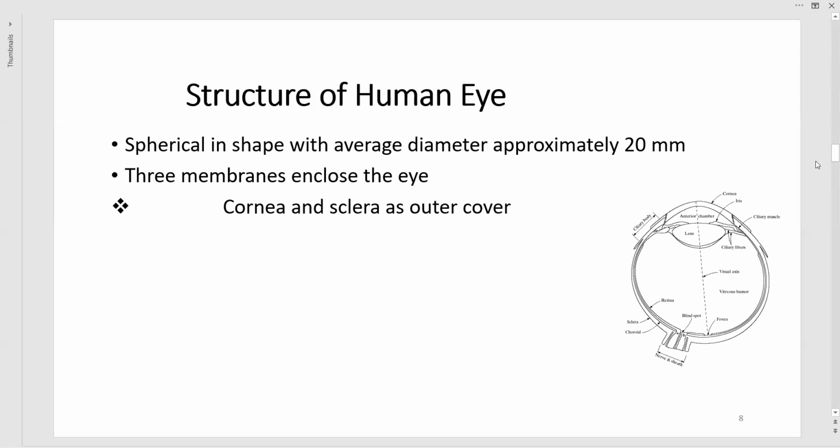Here, the cornea is the clear outer layer at the front of the eye, whereas the sclera is at the back of the eye. The cornea helps our eye focus the light such that we can see the objects or the scenery very clearly and legibly.